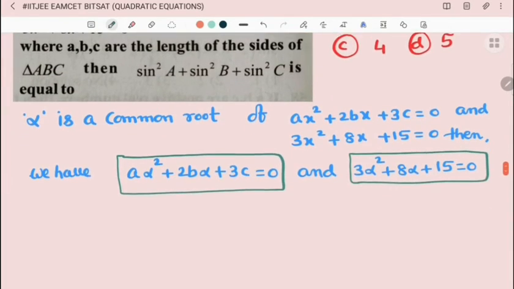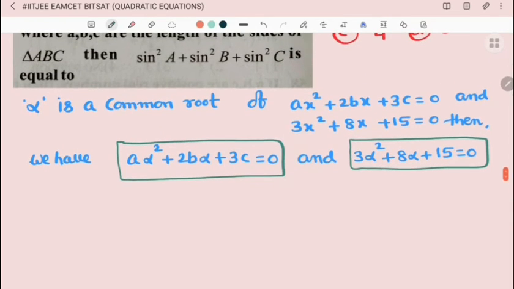So in these equations also, these two equations are representing the same equation. Their alpha square coefficients, alpha coefficients and constants are in proportion. In the first equation, the alpha square coefficient is a, in the second equation it is 3, and in the first equation the alpha coefficient is 2b and here the alpha coefficient is 8, which is equal to, here the constant term is 3c and here the constant term is 15.